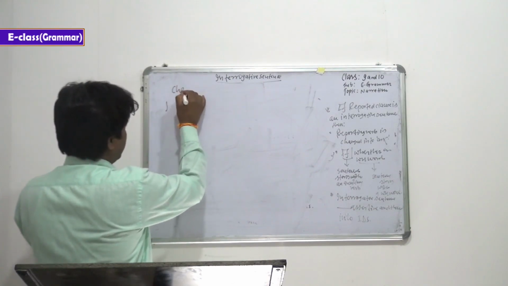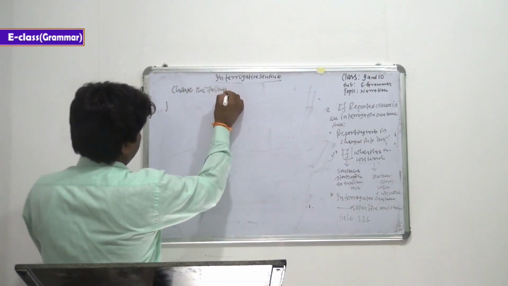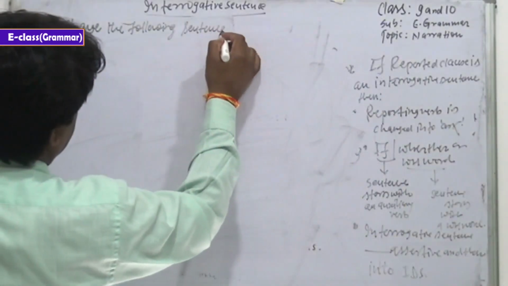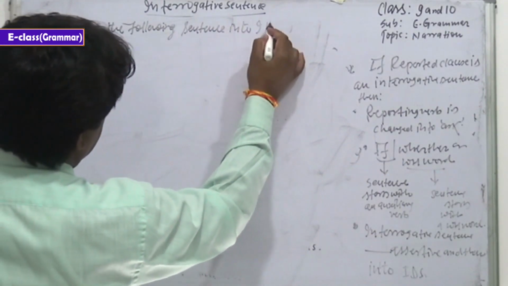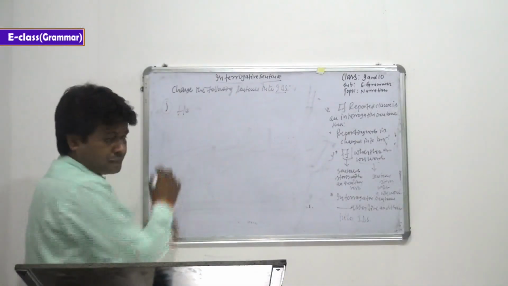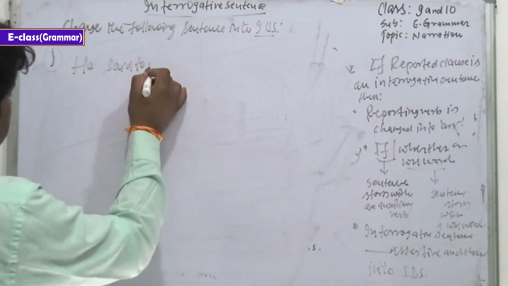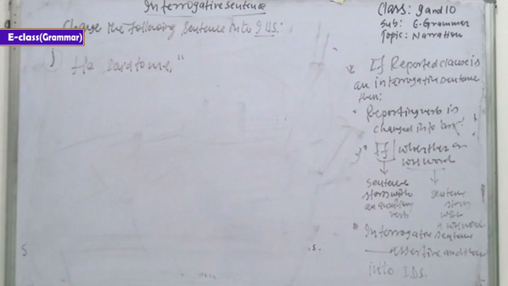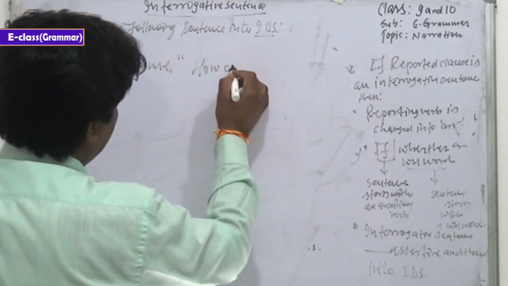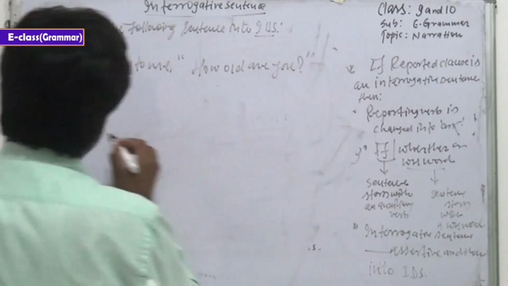Change the following sentences into indirect speech, indirect narration. Number 1, write please. He said to me, inverted comma, how old are you? Number 1.